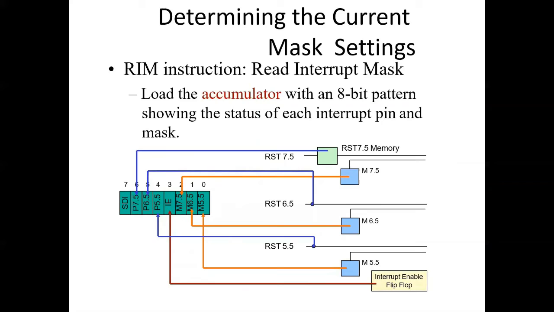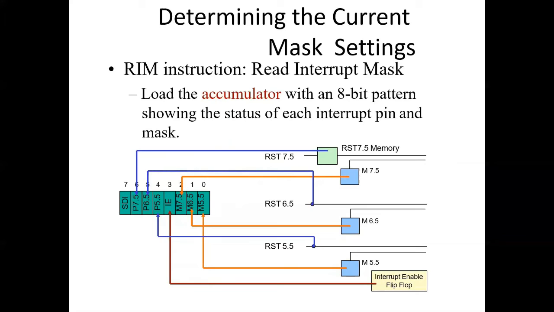In other words, the RIM instruction provides status information about the interrupt system and is also used for serial input of data. When the RIM instruction is executed, the contents of the accumulator after its execution provide this information. Thus, it is essential to look into the accumulator contents after the RIM instruction is executed.